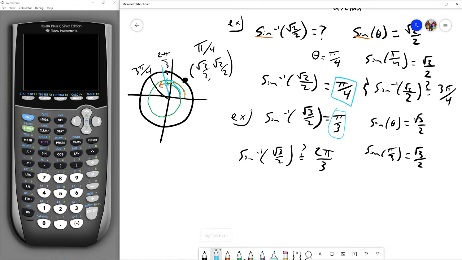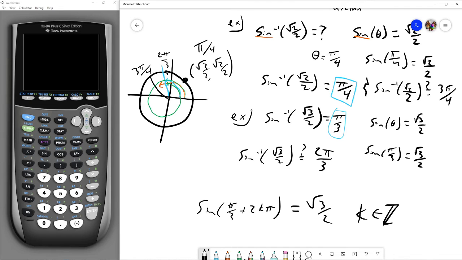And we know that sine of pi over 3 plus 2k pi has to equal root 3 over 2, as long as we're stating that k is an integer, which is what this kind of funny notation here is saying, that k is inside the integers.